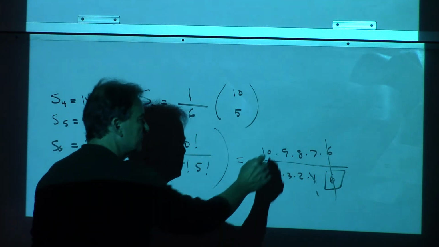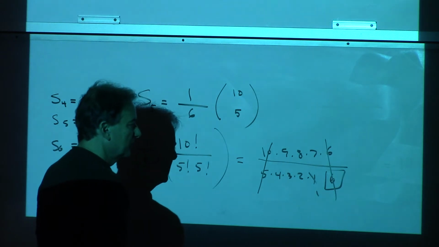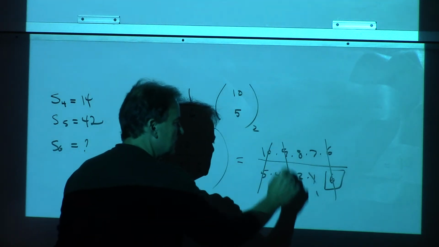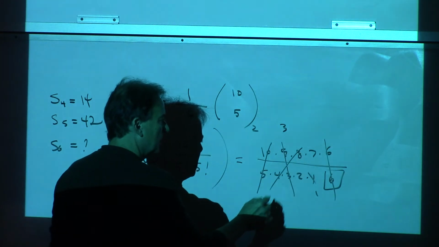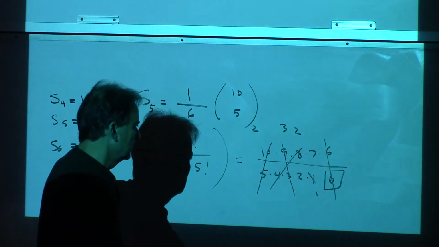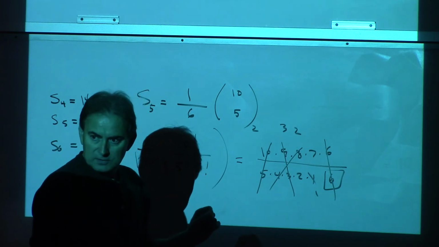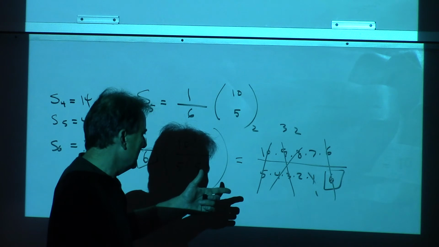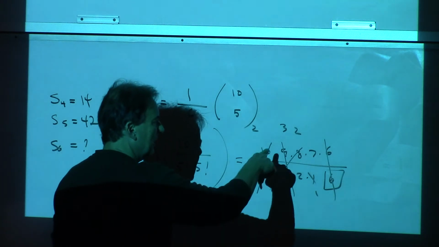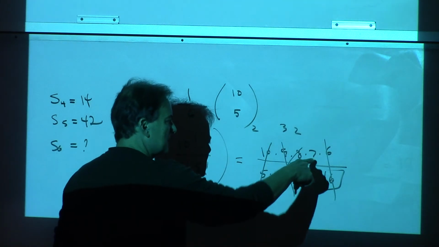So let's see what we can do. What's 10 into 5? 2. What's 9 into 3? 3. What's 8 into 4? 2. And that's all I have right now. So let's see what we got. We got 3 times 2 is 6. 6 times 7 is?